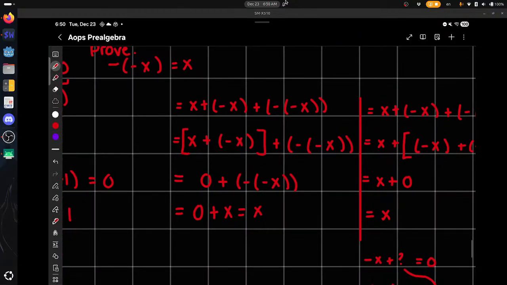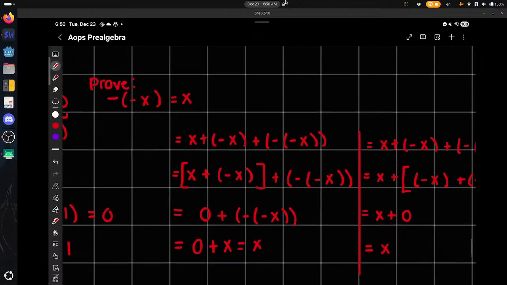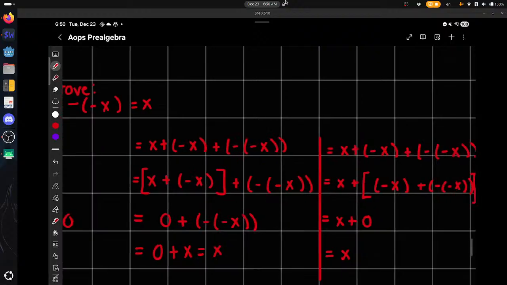And we've done so by stating that if we take these terms, we get 0. But if we take these terms, we also get 0.